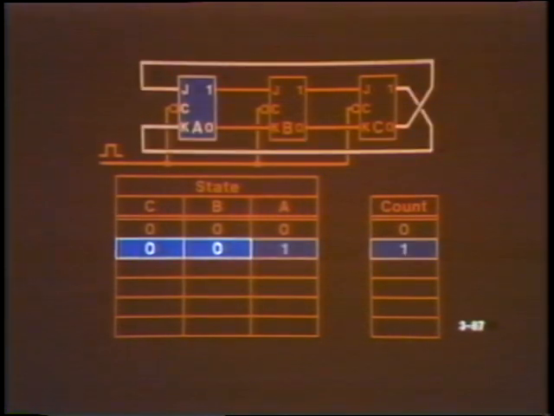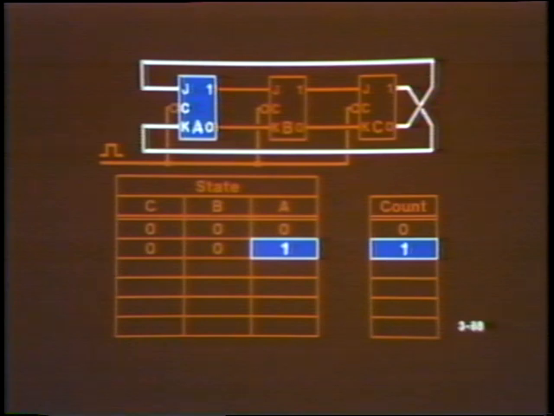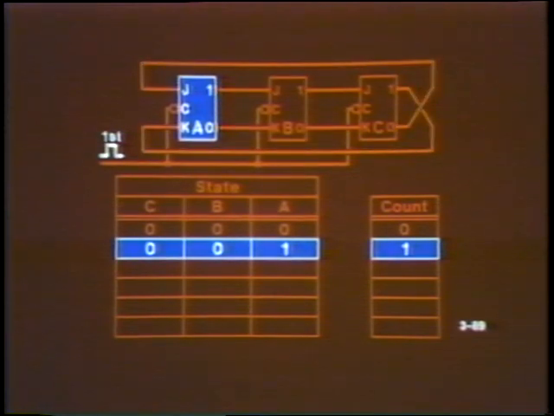However, flip-flop A will change because of the reversal in the feedback from C to A. J sub A is C's complemented output, so J sub A is 1. K sub A is 0 because C is 0. Therefore, at the first clock pulse, flip-flop A will change from 0 to 1.